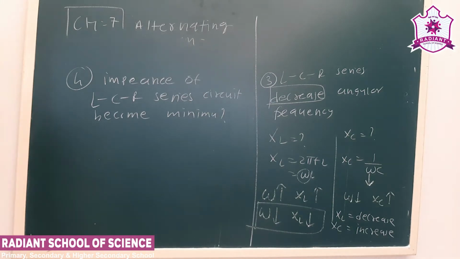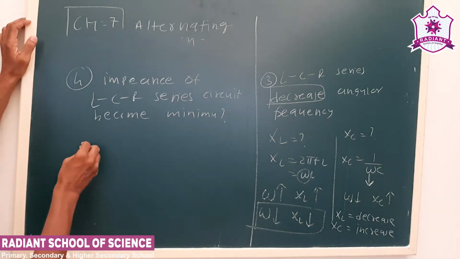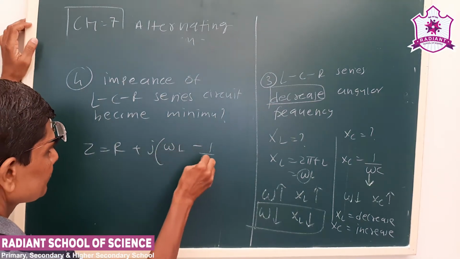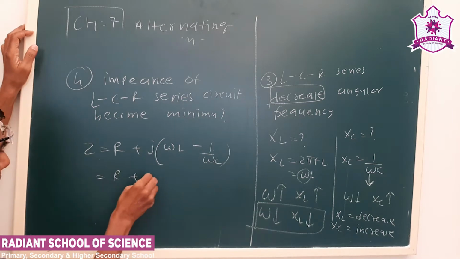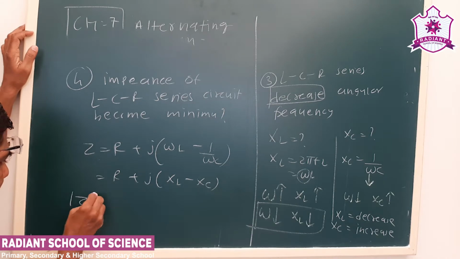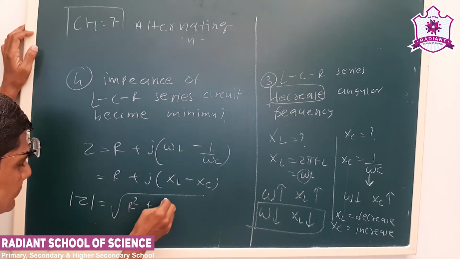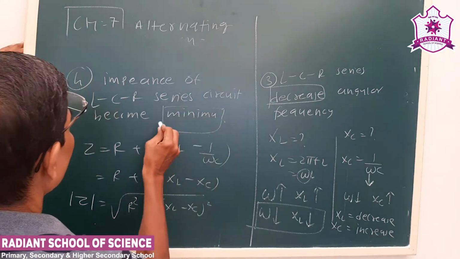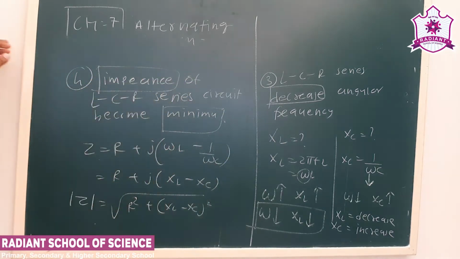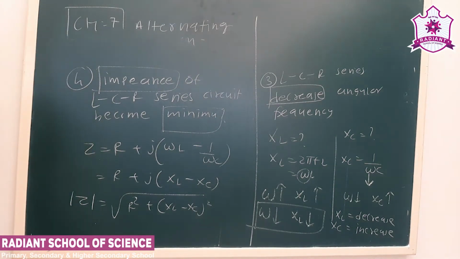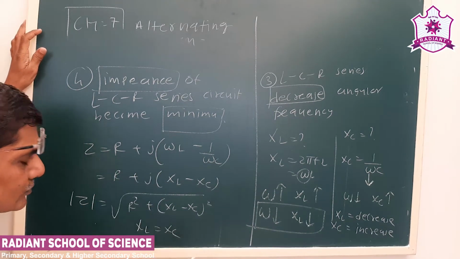Now see, the LCR series circuit impedance is given as Z is equal to R plus j (omega L minus 1 by omega C). Here this is the real part and this is the imaginary part. The impedance Z becomes minimum when, for given values of L and C, omega is varied such that omega L, that is XL, becomes equal to XC.